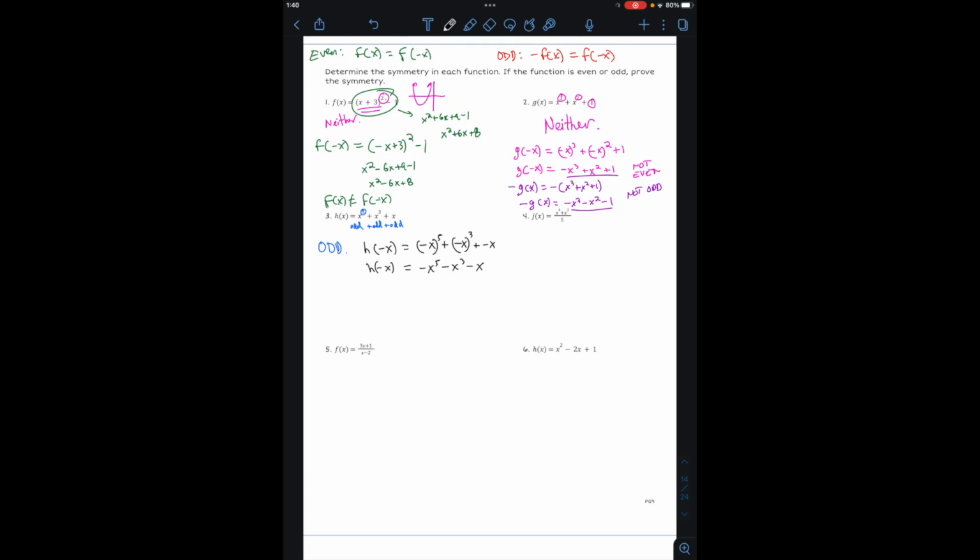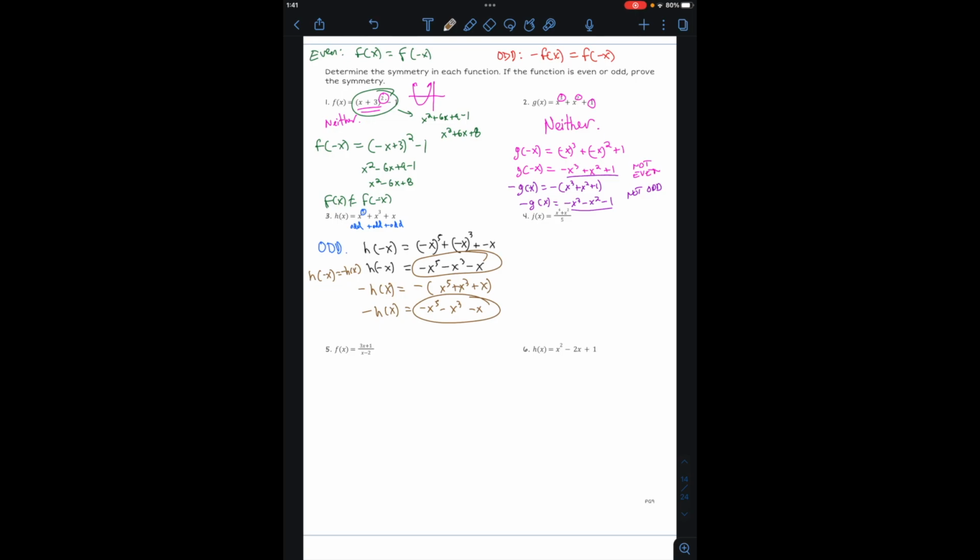Compared to negative h of x equals negative x to the 5th plus x cubed plus x. Negative h of x equals negative x to the 5th minus x cubed minus x. These are the same, so it is odd. So we would say h of negative x does equal negative h of x.